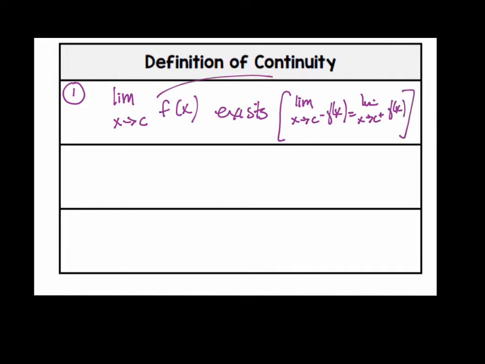That's what makes a limit exist. So first of all, the limit has to exist for a function to be continuous.